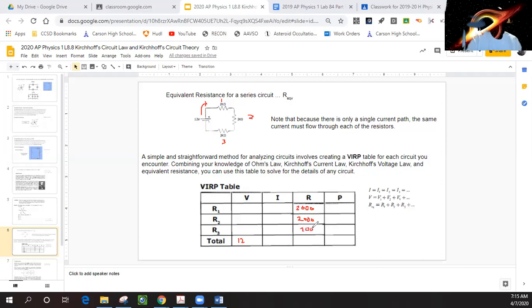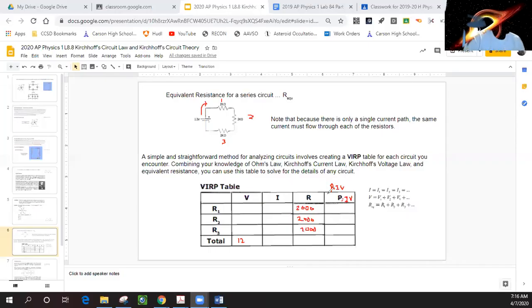Then this is power, and power is equal to current times voltage. Power is going to be the brightness of a light bulb, if you will. So P equals IV. That should be an I there. We'll pause here so you can get caught up.